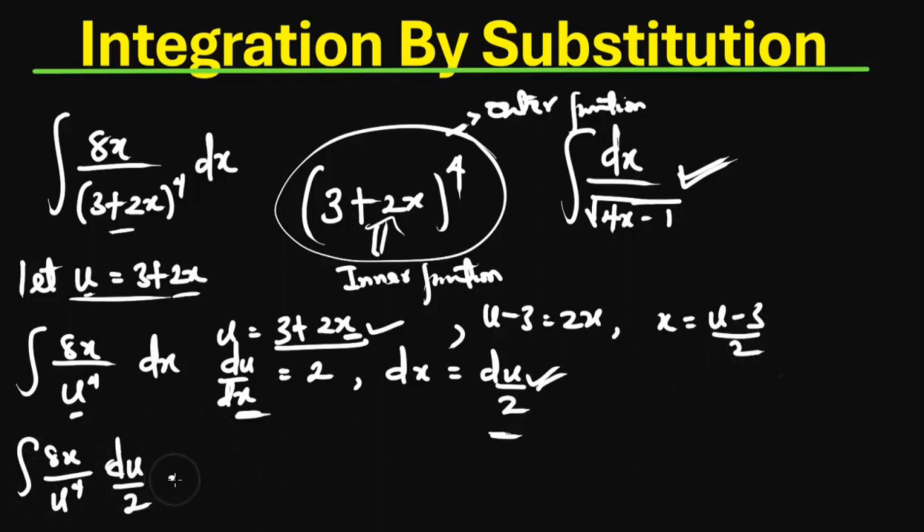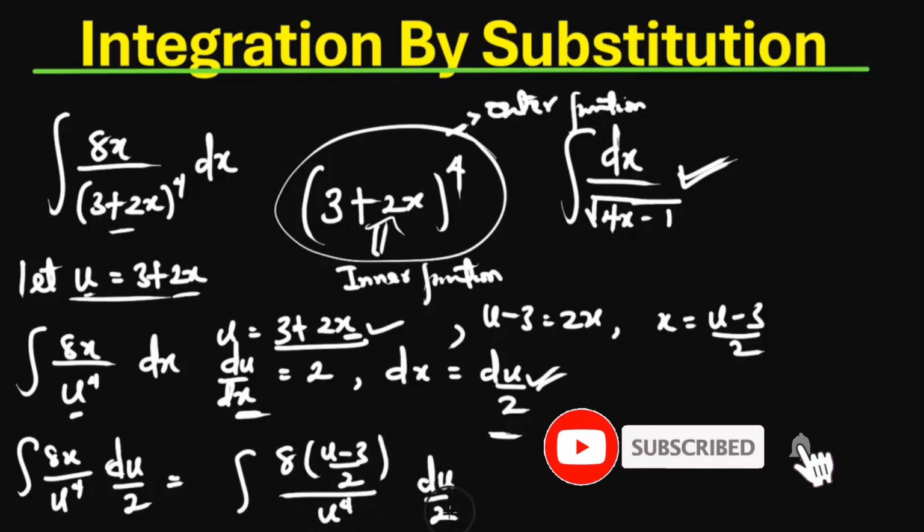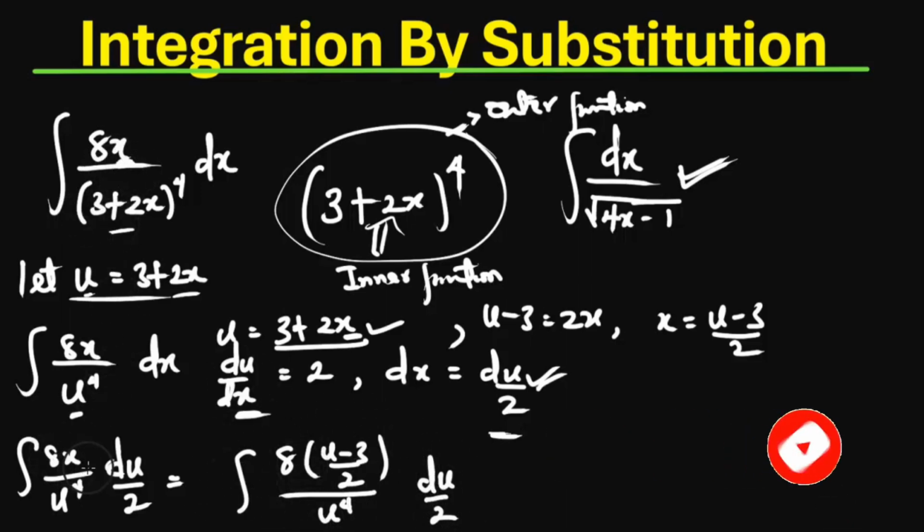Okay, so we're going to come back here and say this is equal to the integral of 8 into brackets (u minus 3) over 2 divided by u raised to power 4 du over 2. Now we have successfully substituted the variable x with the variable u. Now our integral is in terms of u, right?